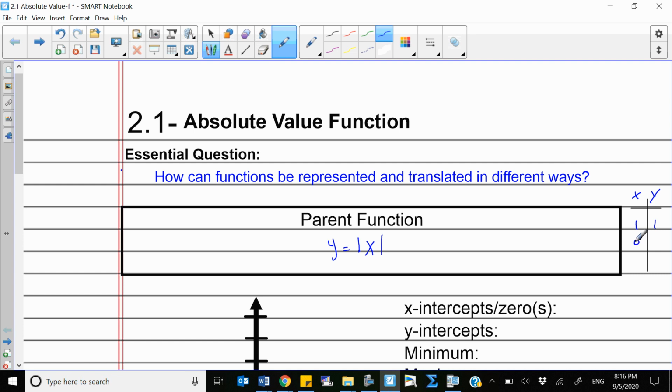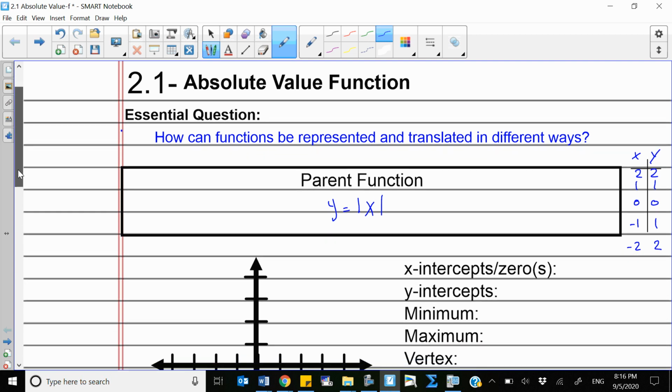If I give 0, it's going to give me 0. If I give -1, it's going to give me +1. So it takes off the negative and gives a positive value to me. If I give -2, again, it will be +2. If I give +2, it's going to give the same thing, 2.